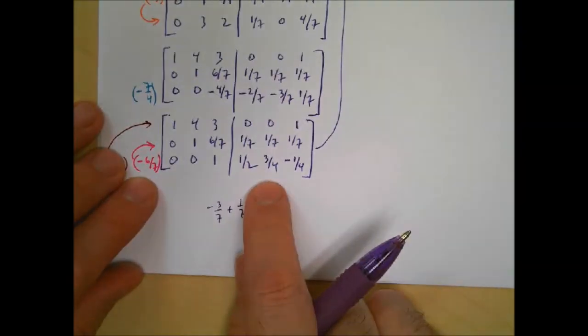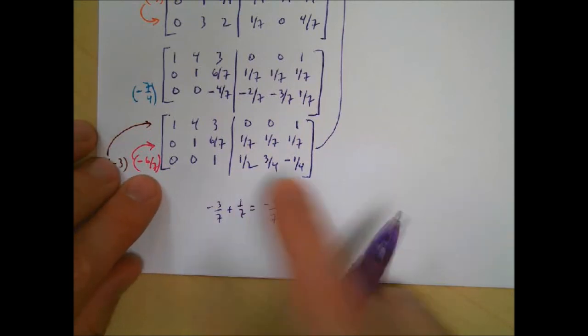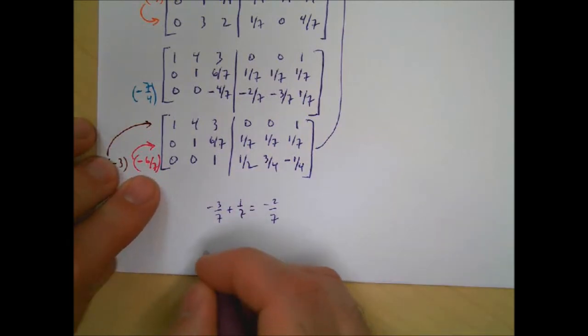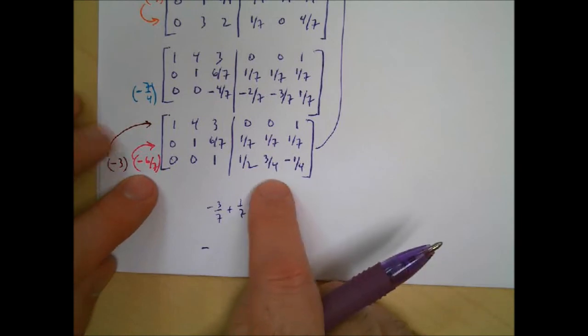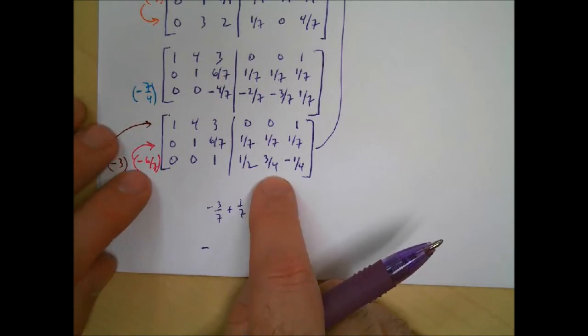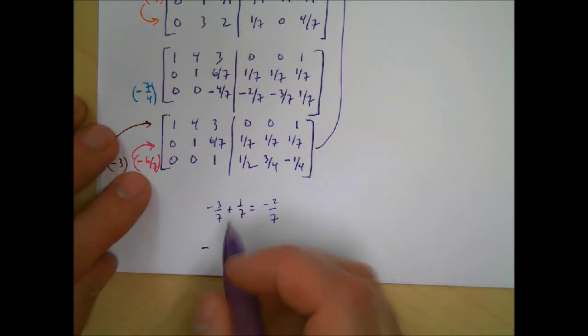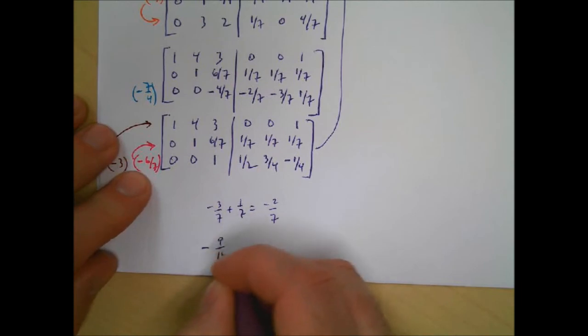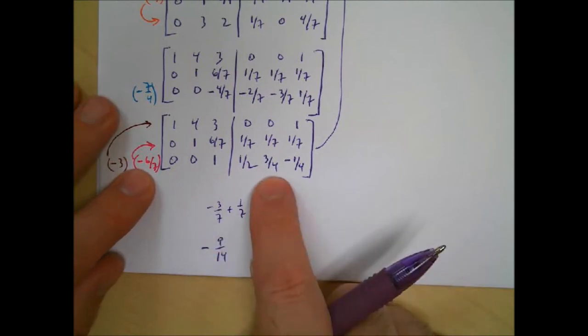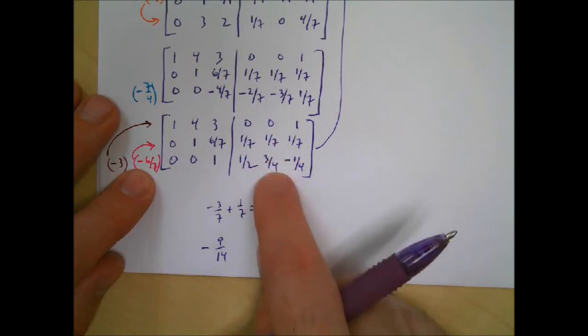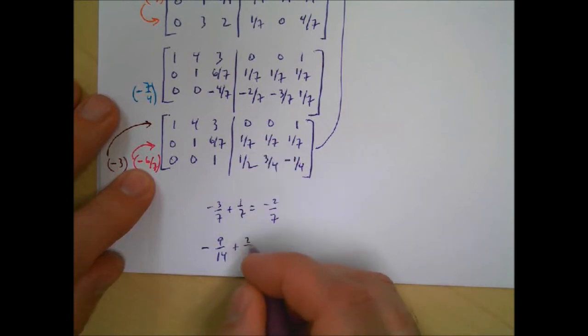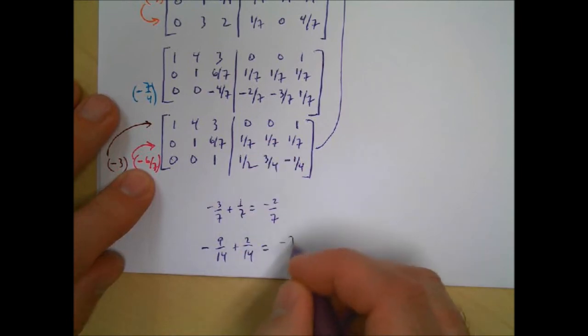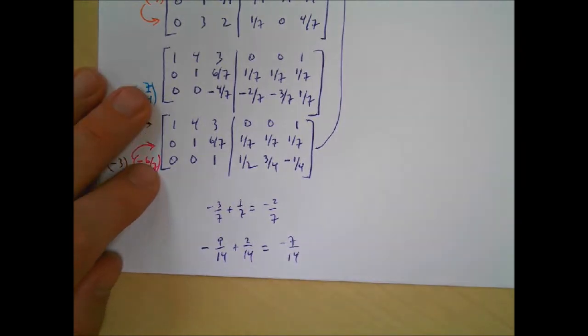Okay, negative 6 sevenths times positive 3 fourths. Okay, so that's negative. Okay, let's see, the common factor of 2, so negative 9 fourteenths plus 1 seventh, so plus 2 fourteenths, that's negative 7 fourteenths, which reduces to negative 1 half.